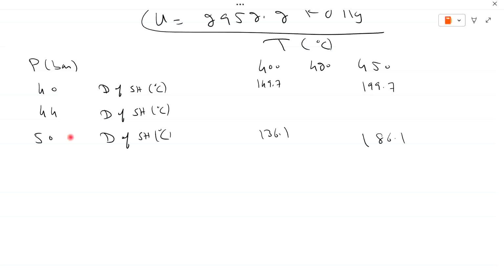So first find degree of superheat. I name this D1, this is D2 and this is D.